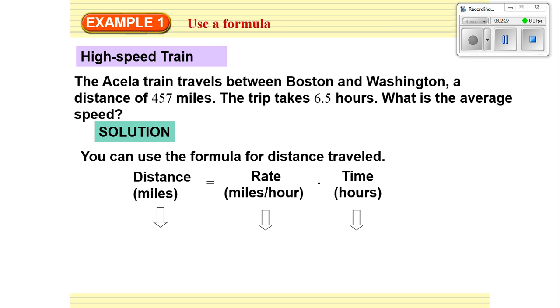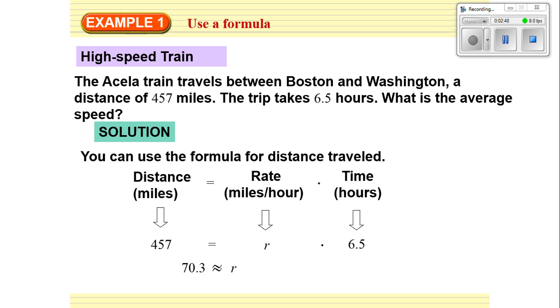We plug in the 457 in for the distance, r in for the rate, and the 6.5 hours in for the time. And so we have an equation of 457 equals r times 6.5. To solve for that r, we would divide both sides by 6.5, and we would approximately get 70.3.